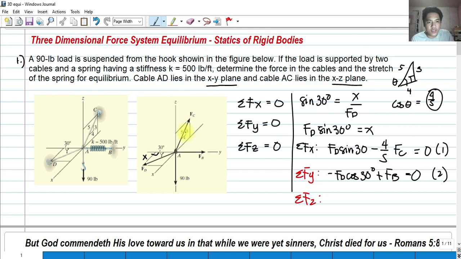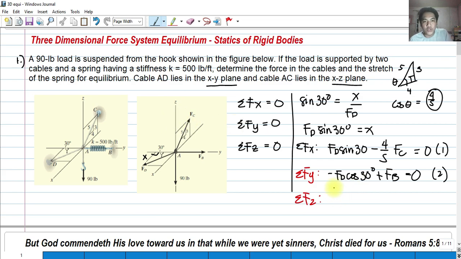This axis, so we're going to involve 3 and 5 here in the triangle. Given that the angle is here, we used cosine a while ago. So in order for this 3 and 5 to be involved, we're going to use sine. And it should be positive because if we project this F sub C onto the z-axis, it's going upwards.